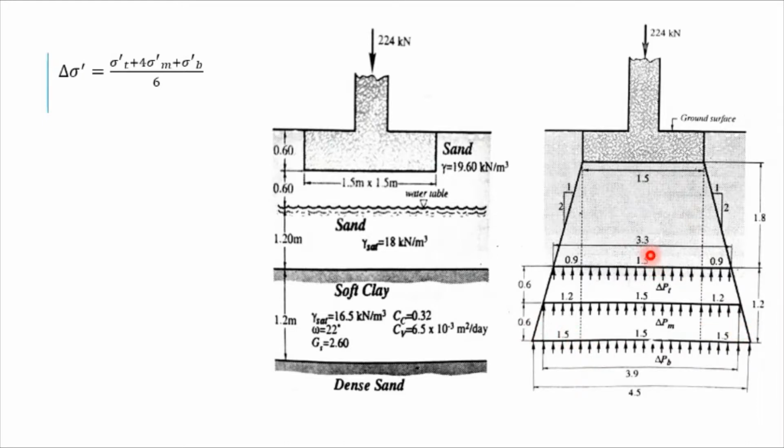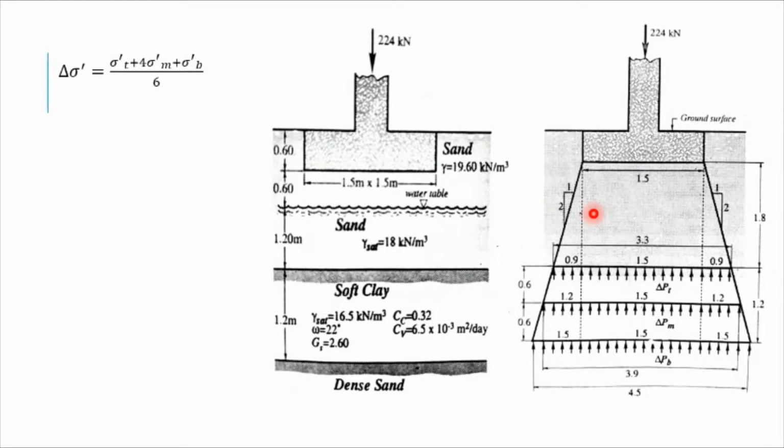So, in footing, we consider the trapezoidal method. And usually, ang distribution daw ng ating load is about 1:2.